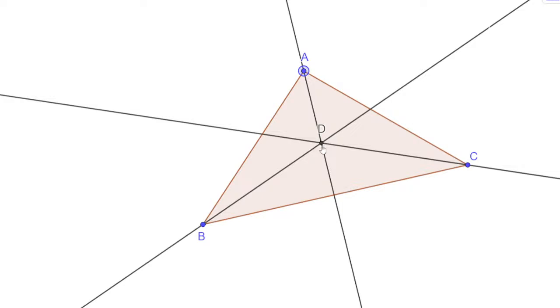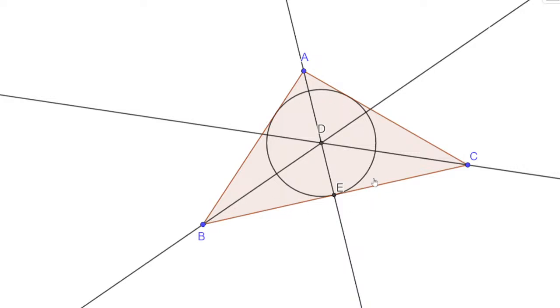Centering this point, one circle can be drawn. See, I'm drawing here. Have you seen?